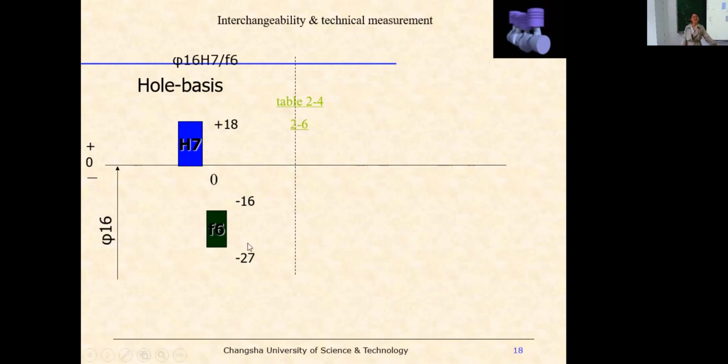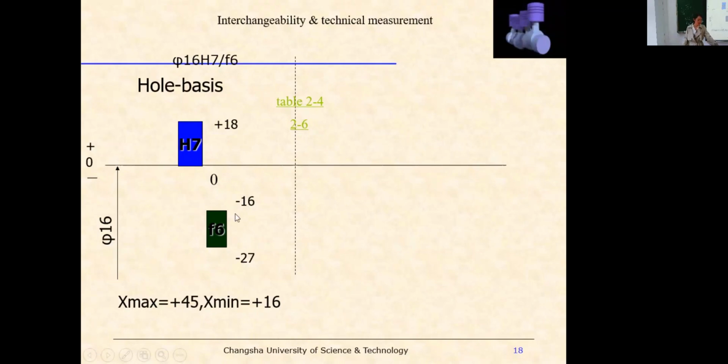Actually, for F6, the tolerance is 11. IT6 is on page 27. It's 6, 11, IT6, right? Yes, this is 11, right?